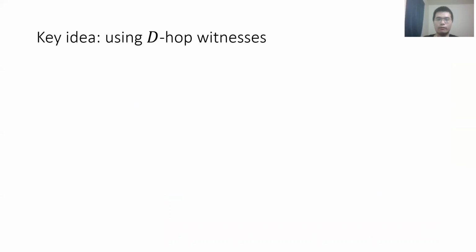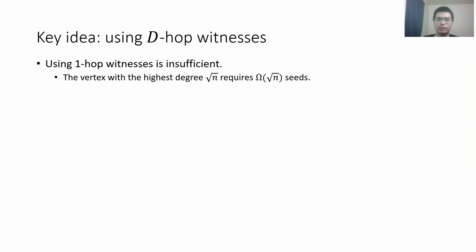The key idea of our PLD algorithm is to use D-hop witnesses. The reason this is important is that using one-hop witnesses alone cannot provide enough witnesses. For example, suppose the highest degree of the graph is square root of n. In order to have at least one witness for the true pair with the highest degree, intuitively, we will need at least square root of n seeds evenly distributed in the graph.